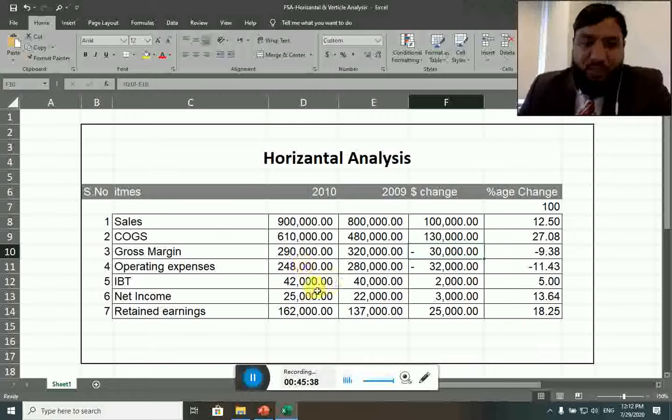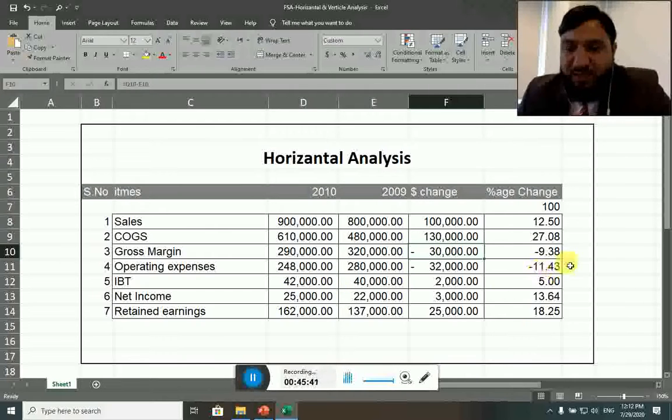Now if we see there is an increase of 13.64% in the net profit as compared to 2009. We had a decrease in operating expenses and gross margin, right?